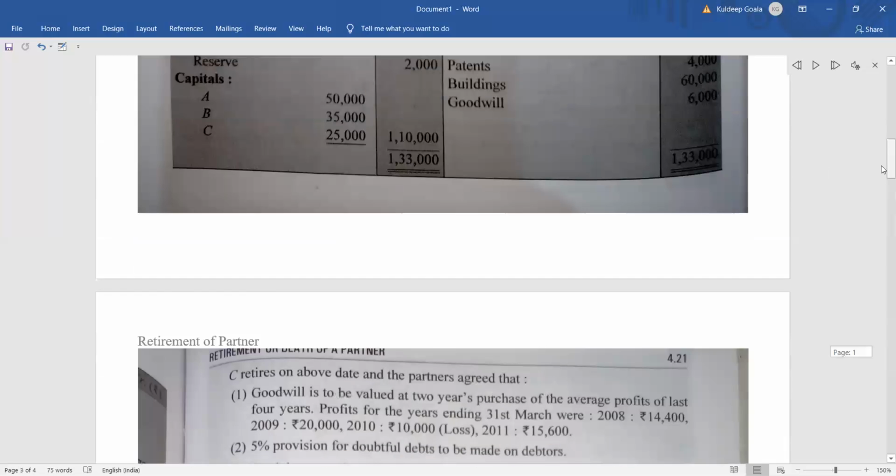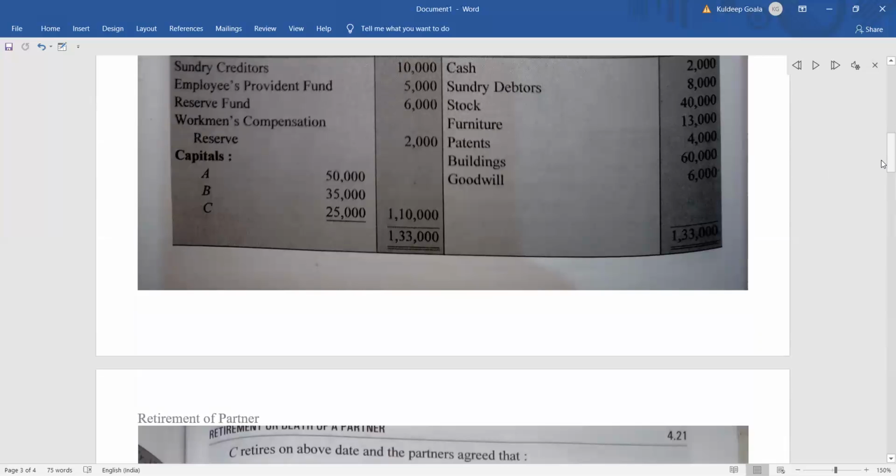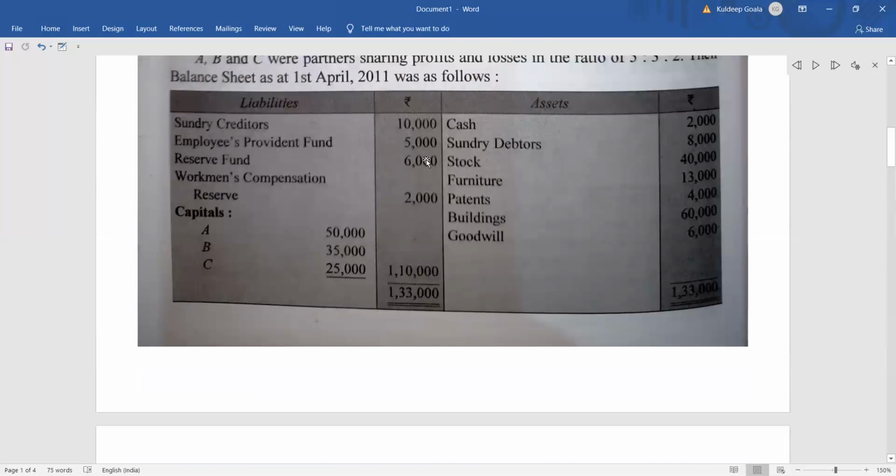Then the next thing you can see here is the employees' provident fund of 5,000, that will be coming. General reserve has been transferred to the capital account, so it is no longer there. The workmen compensation reserve is also transferred to the capital account, so it is also not there, right? But we have got C's loan account, remember that, okay?